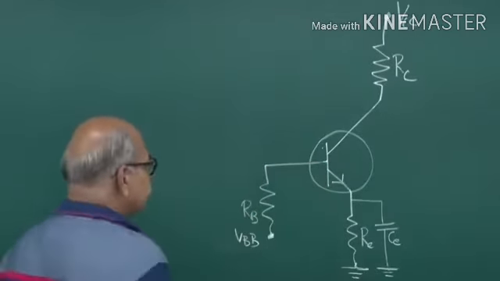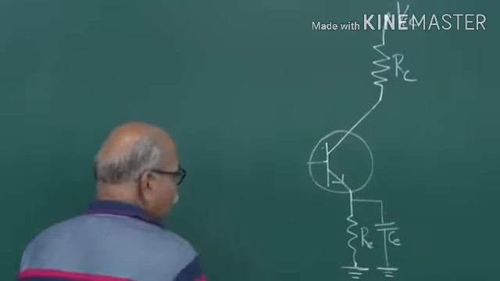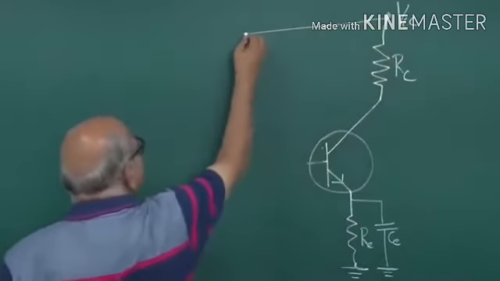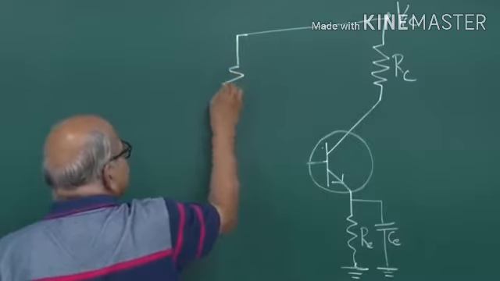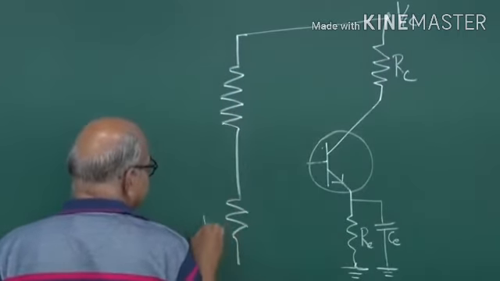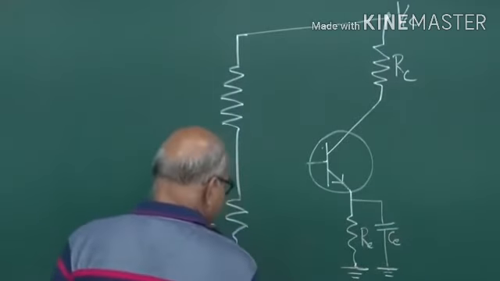So that configuration is, from here you make some kind of a potential divider, you take a resistance R1 and a resistance R2, and this is at ground.